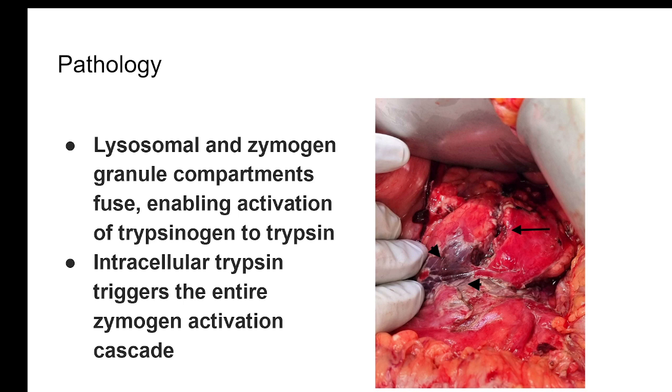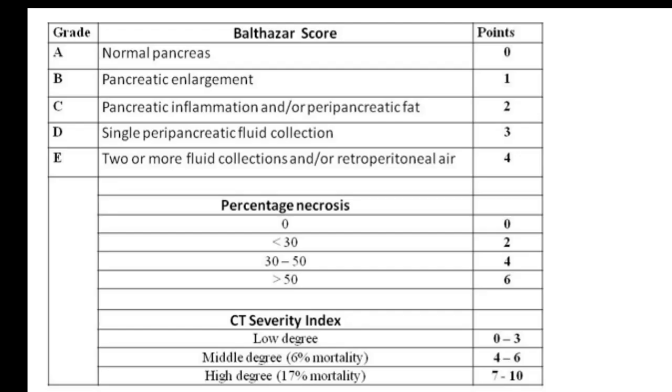Handling of the pancreas in any abdominal operation, not only pancreatic surgery, has to be extremely careful. If there is mobilization of the pancreas, it can result in the same issue: trypsinogen may get activated into trypsin within the pancreas, or it may leak into the area and produce autodigestion, which is quite severe.